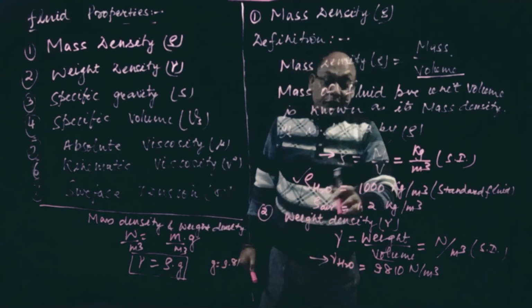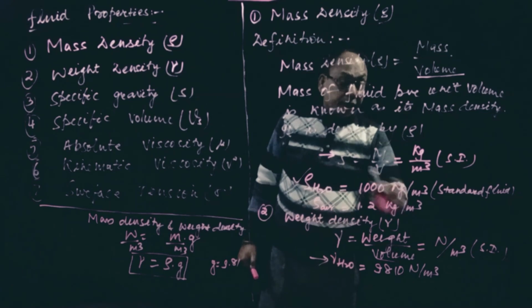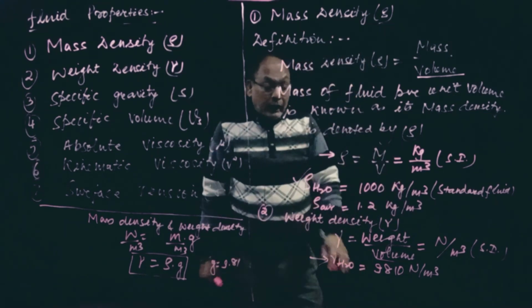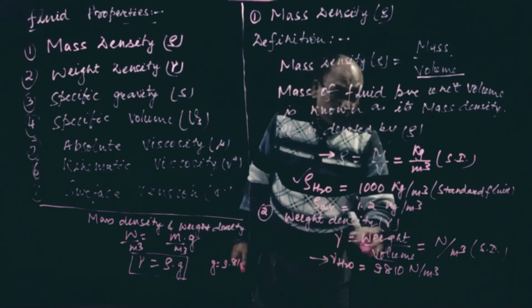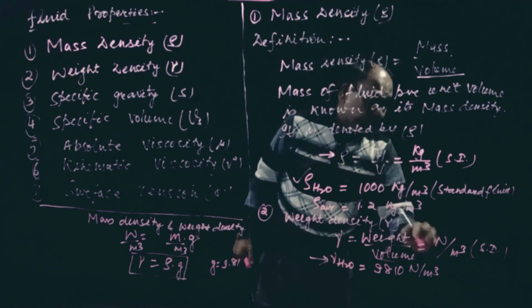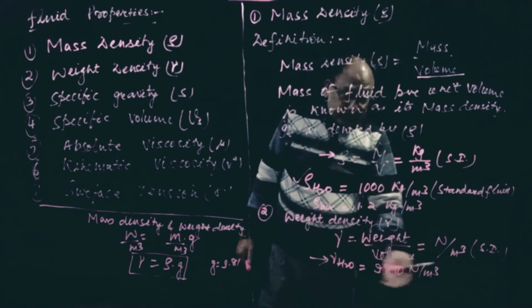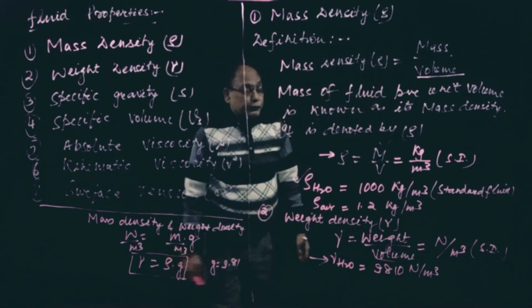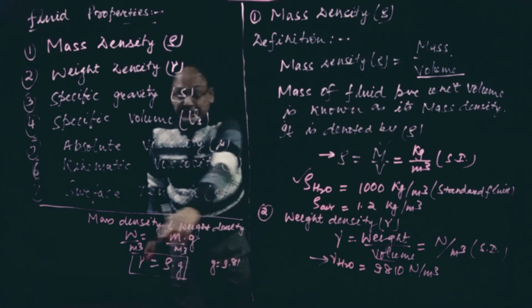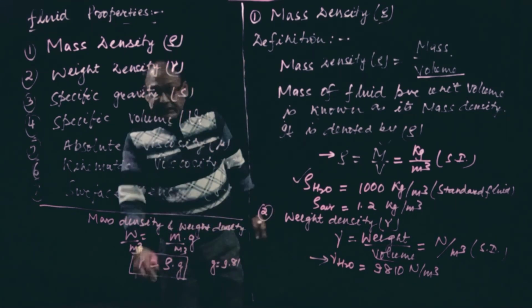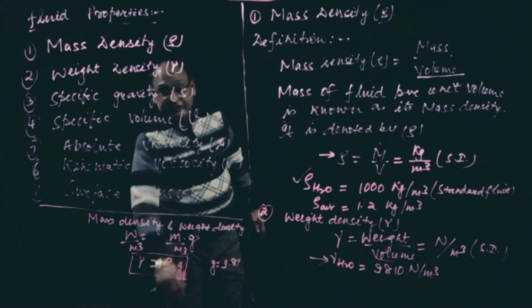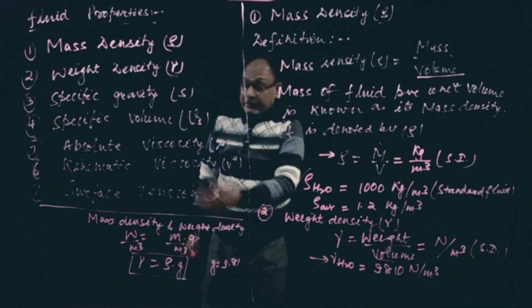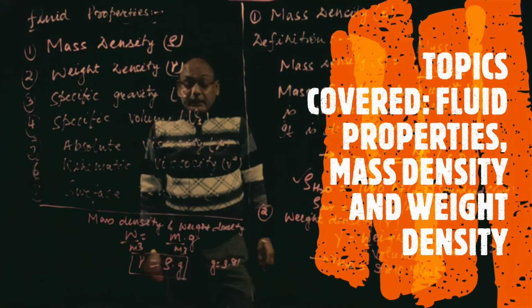For standard fluid water, mass density is 1000 kg per meter cube. Weight density is weight per unit volume, with unit Newton per meter cube, and for standard fluid it is 9810 Newton per meter cube. The relation is that weight density equals mass density into G.